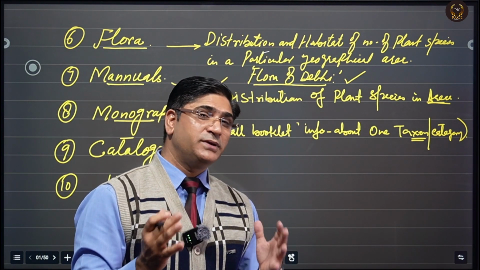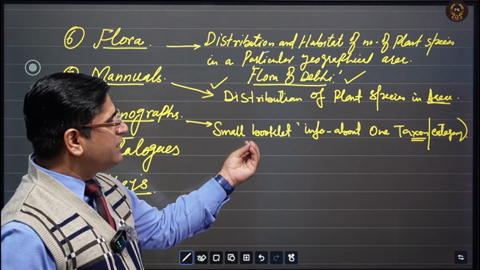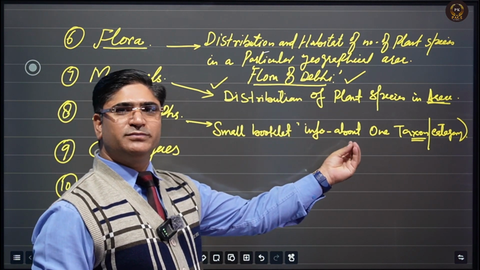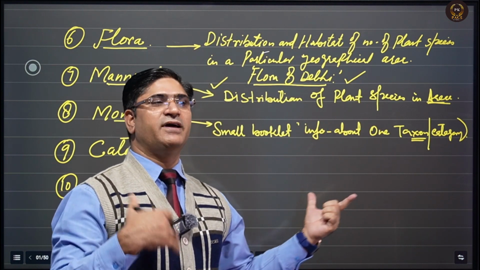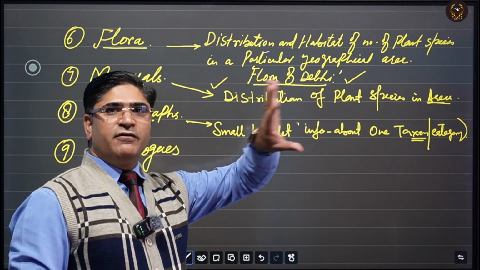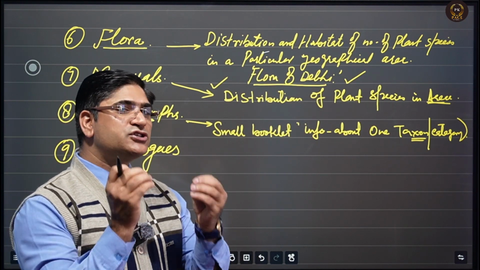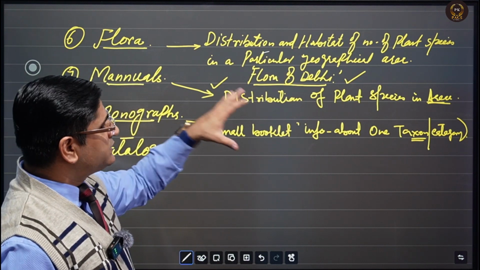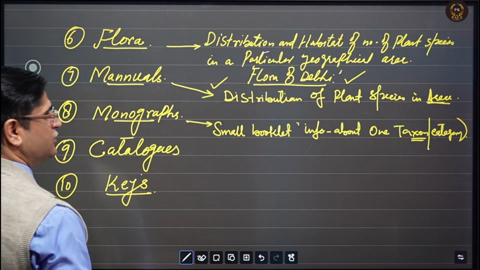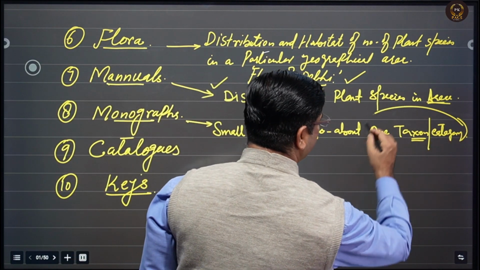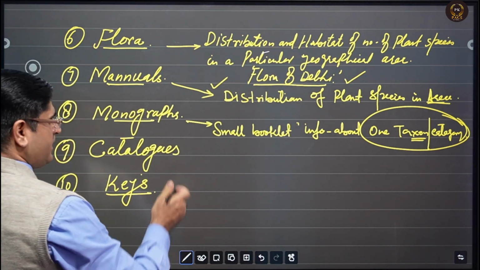There are 7 obligate taxonomical categories. If a book gives information about one category out of the 7, like family, say which family plants are available in a particular area, it's a short piece of information. That kind of book is known as a monograph. Remember this: a monograph gives information about one particular taxon or category.